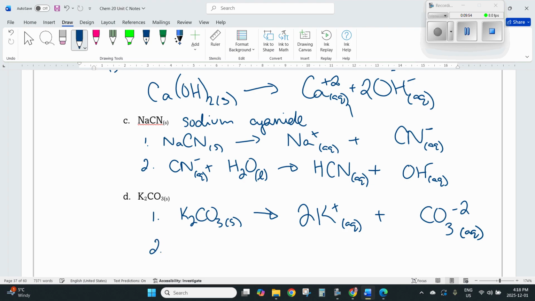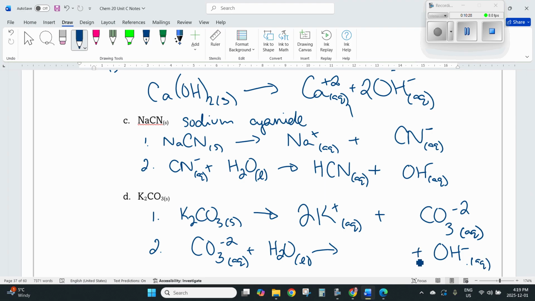So step 2 would be to take your CO3 -2, aqueous, and react it in the presence of water. We're still making a hydroxide ion. So I know OH minus, OH minus. So I need to erase that, and then I'm going to add my aqueous to the end.